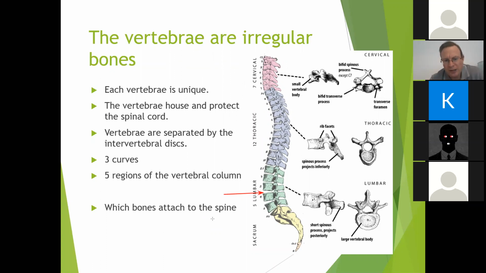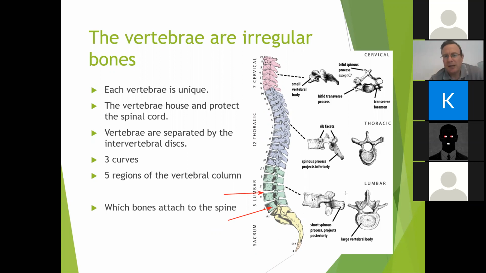You can also see when you look at the size of that vertebral body. The vertebral body, the main weight-absorbing part of that bone, is much bigger because it has to absorb more shock.